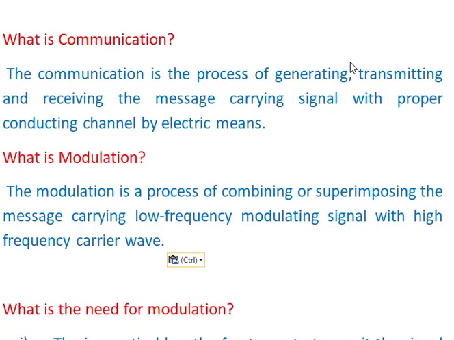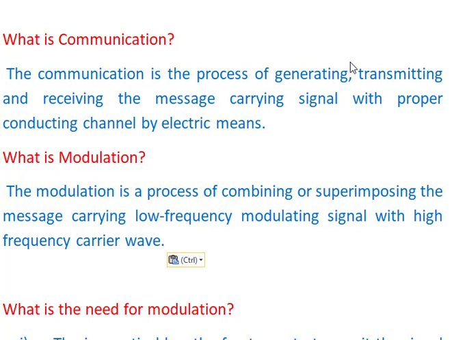And then what is modulation? Modulation is the process of combining or superimposing the message carrying low frequency modulating signal with a high frequency carrier wave. The modulating signal is nothing but a message carrying signal.